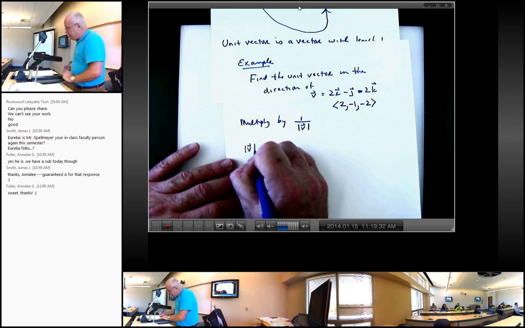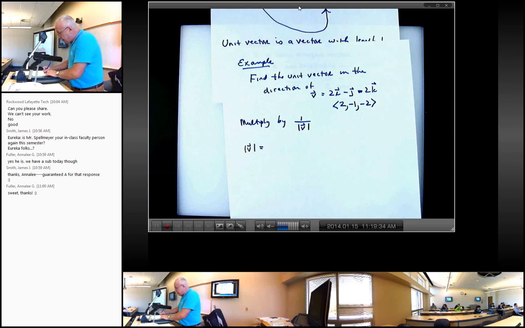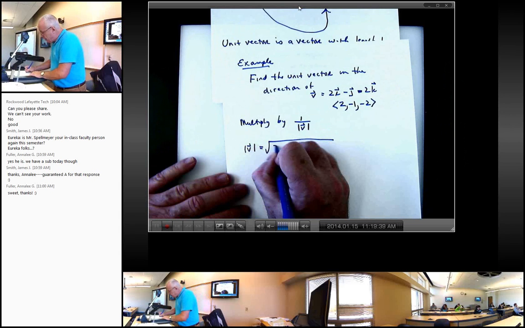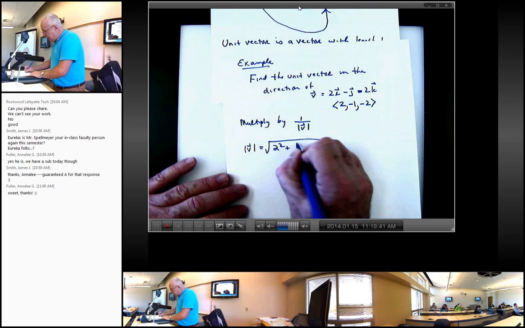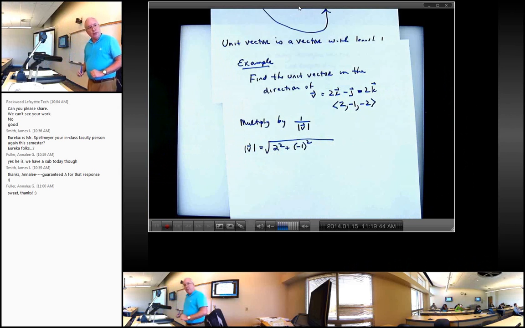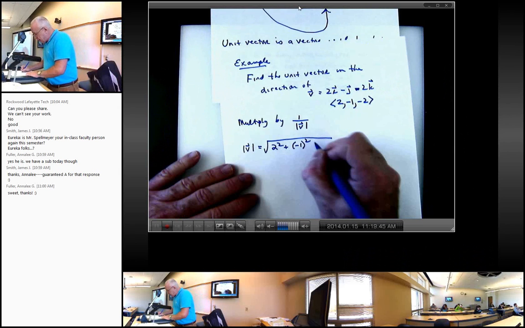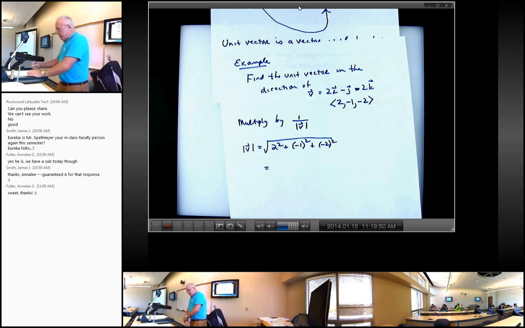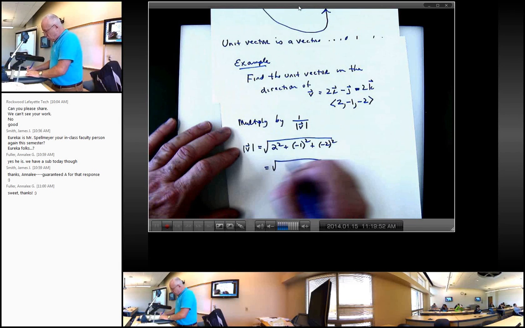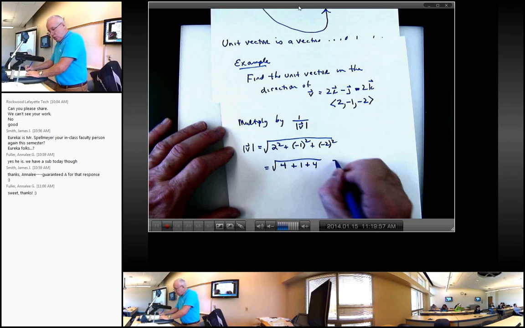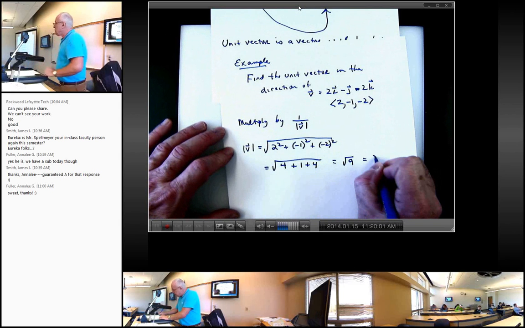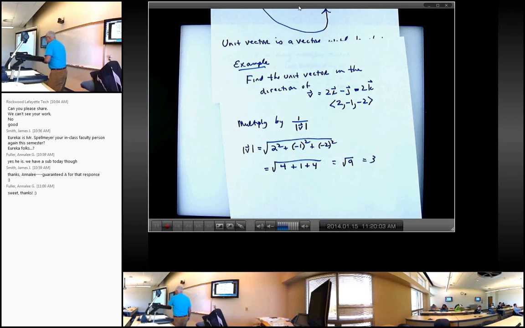The length of the vector v is the square root of 2 squared plus (minus 1) squared plus (minus 2) squared. So let's see what that gives us. That's the square root of 4 plus 1 plus 4. So that's, again, let's see, oh, that's a nice number again. That's the square root of 9. So our length of this vector is 3.